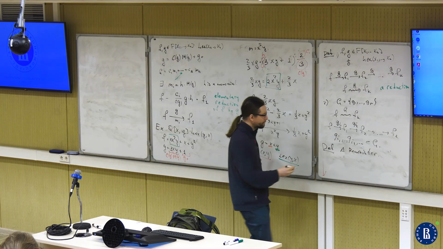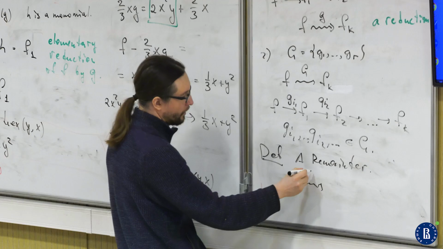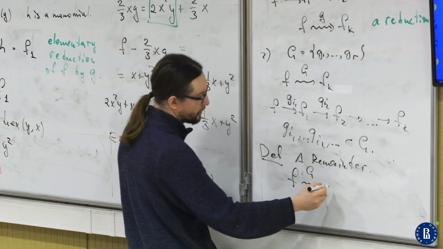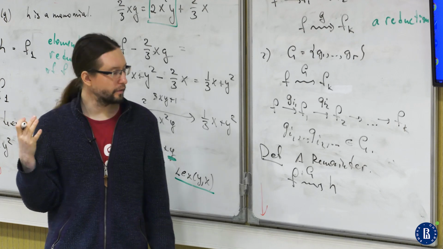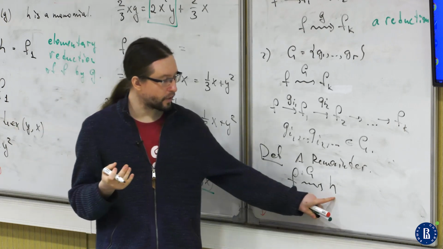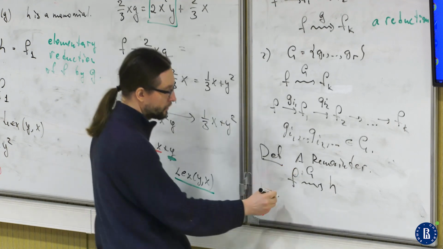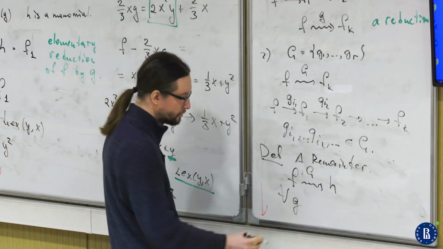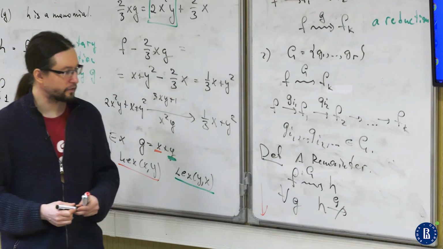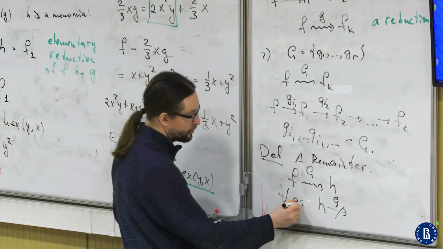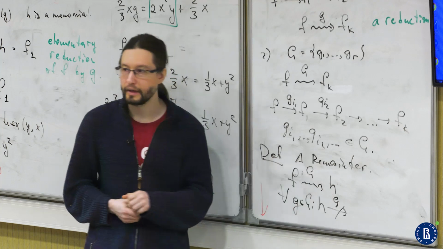If we have a polynomial f and its reduction to a polynomial, let's say h, and suppose it's impossible to make at least one elementary reduction of the polynomial h. So for every g from g capital, it's impossible to make an elementary reduction of the polynomial h.